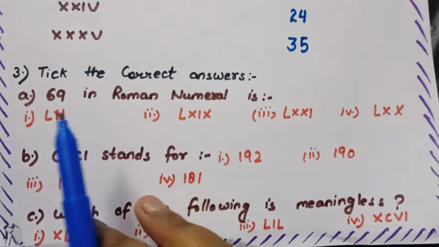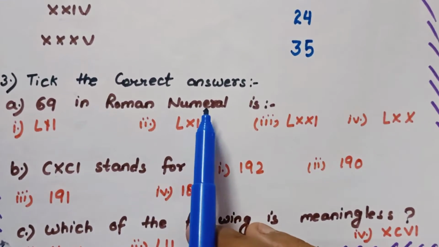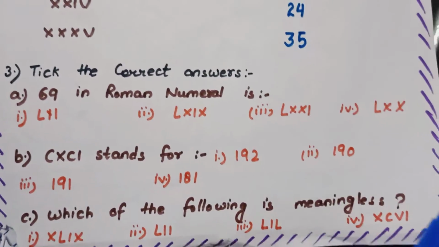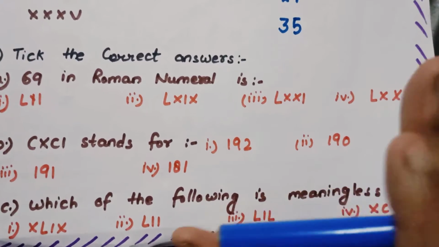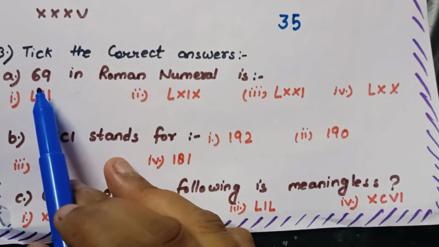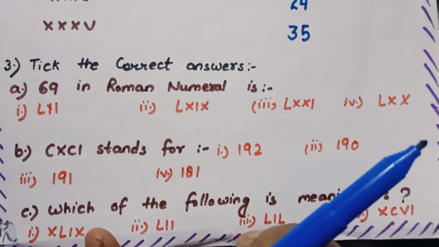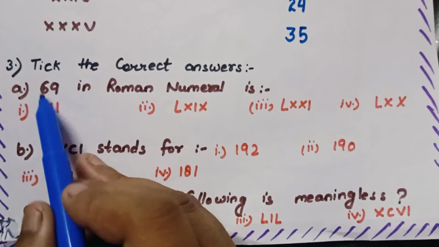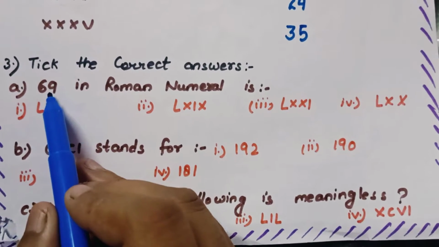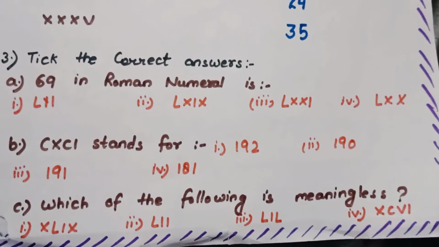Okay, so question number 1 says we have to write down 69 in Roman numerals. Now see, the main thing is you have to learn those Roman numerals, right? But if you are forgetting anything, then how to guess it? We can easily guess it. What is the Roman numeral of 9?